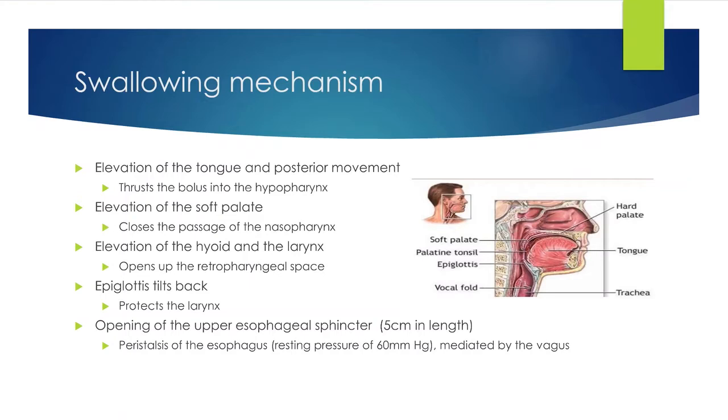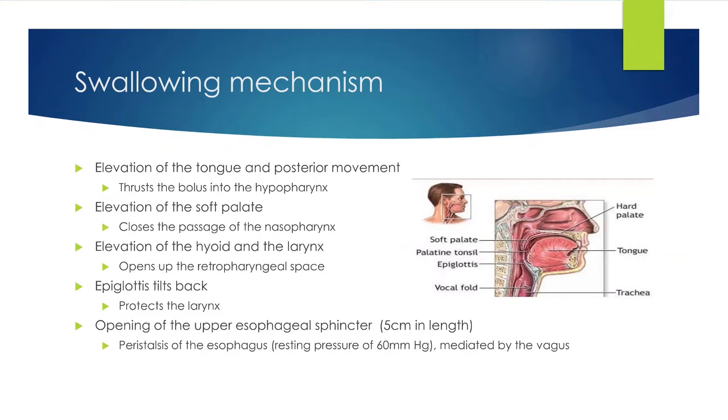Once this has happened, all this process is partially voluntary and partially involuntary, especially the function of the upper or the superior esophageal sphincter. Now, the superior esophageal sphincter is 5 centimeters in length, and it's mainly composed of the cricopharyngeus associated with other muscles.